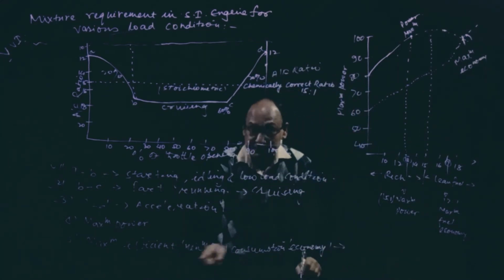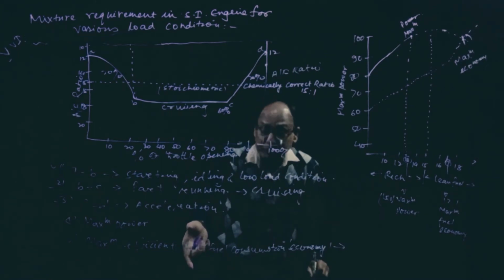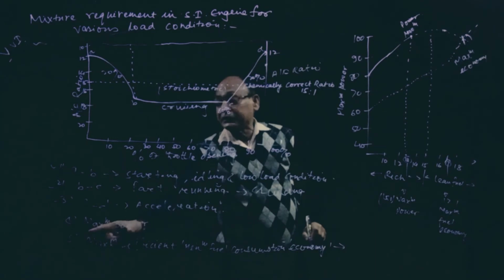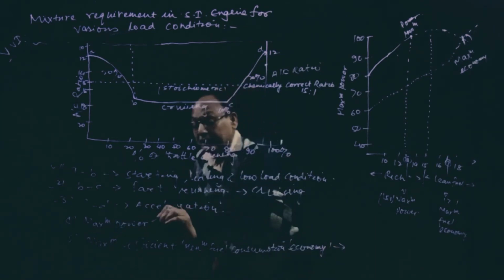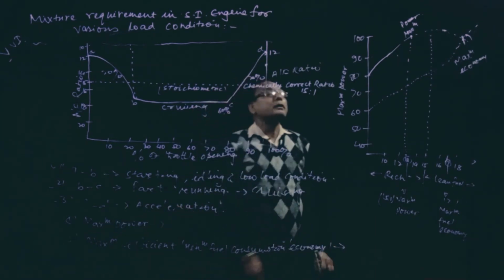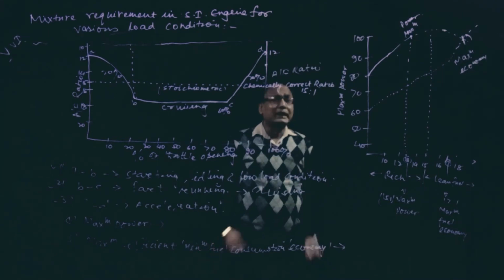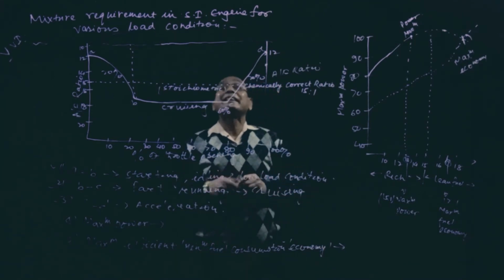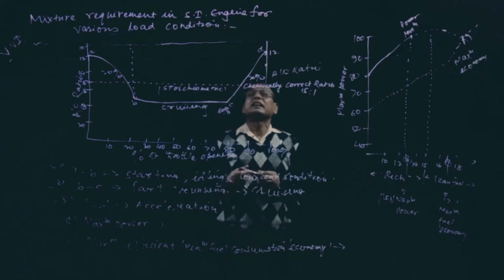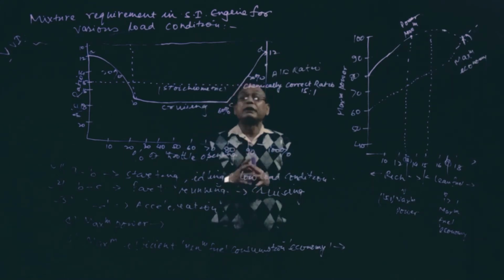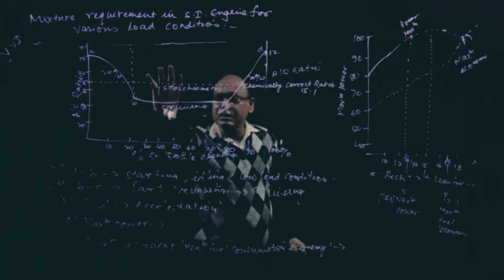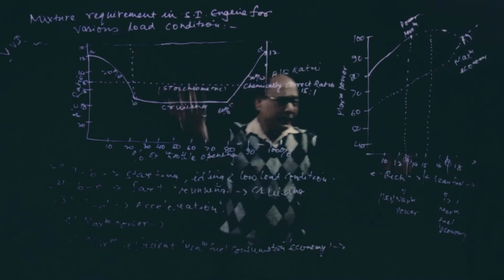Economy, that means minimum specific fuel consumption, maximum efficiency. Maximum power is not advised because this is using the fuel at maximum condition. So whenever the question on mixture requirement in SI engine for the various load conditions comes in your exam, you have to explain all the 5 portions with the help of this diagram and this diagram.